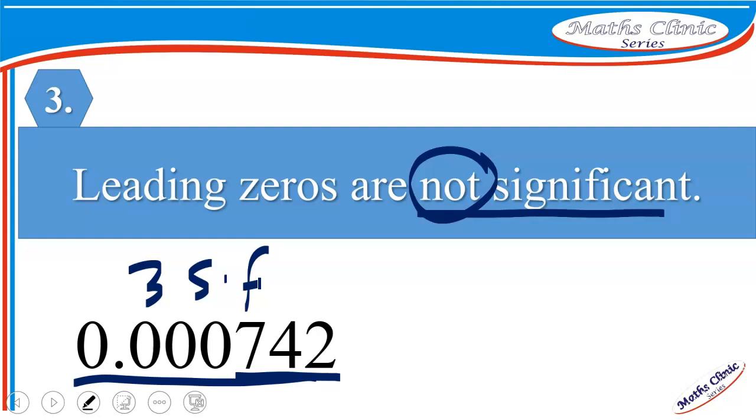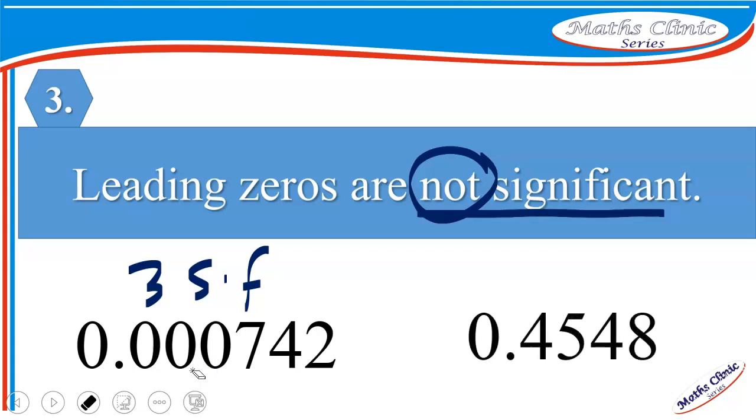So anytime you have leading zeros, they are always non-significant. But if I bring 1 here or 2 here, then the zeros here become significant. As it stands, without the 2, the zeros are not significant.